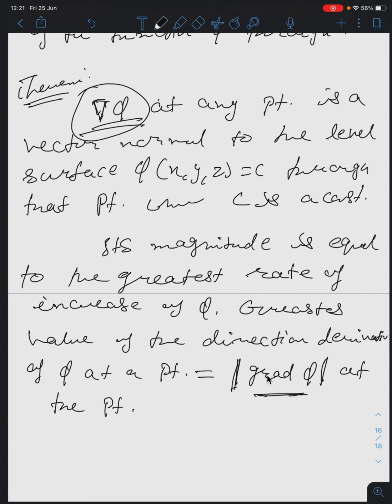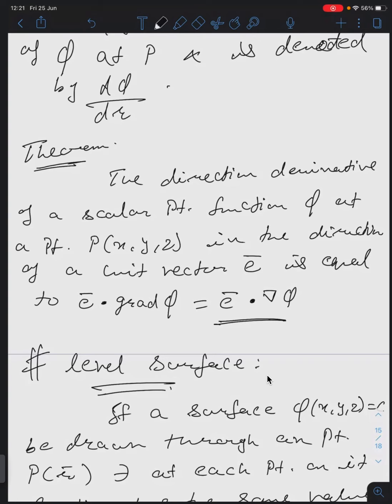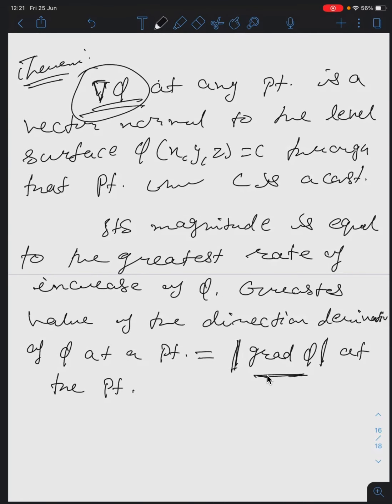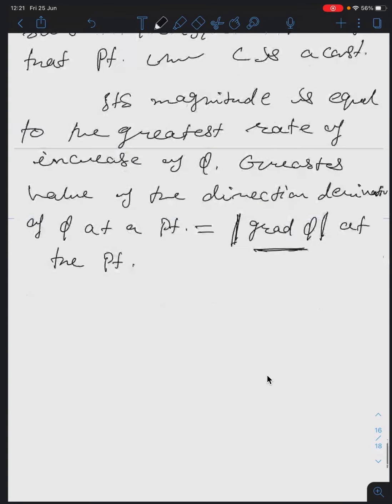Directional derivative is calculated by e bar dot del phi, but the greatest value of the directional derivative is calculated by mod of grad phi. Understood all of you? Yes, ma'am.